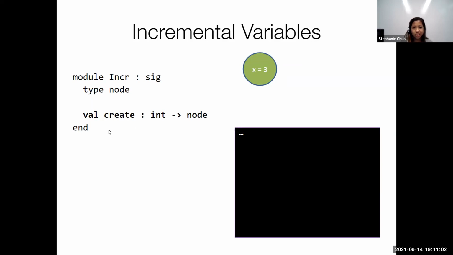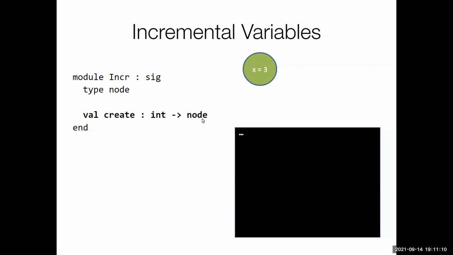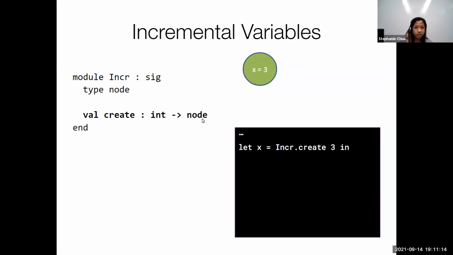You can ignore small bits of the syntax, but we have a function here, create. It's going to take in an integer, and it's going to return a node. And so if I want to use it, I can just say let x be an Incr node.